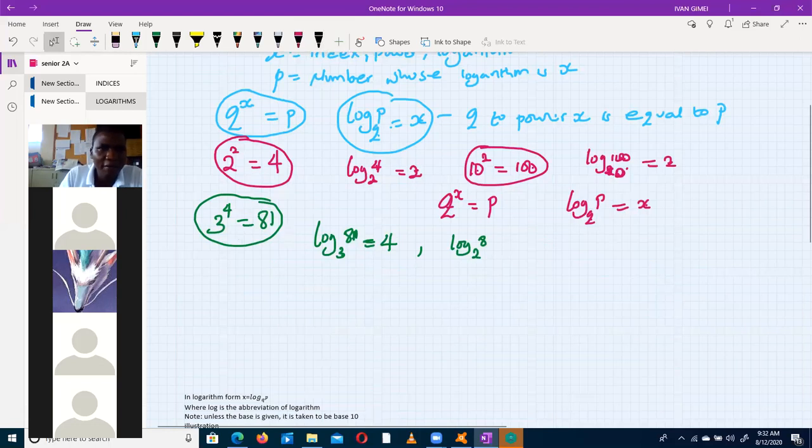Now we're saying if you have log of P base Q, if you have such a mathematical statement, what does it mean?